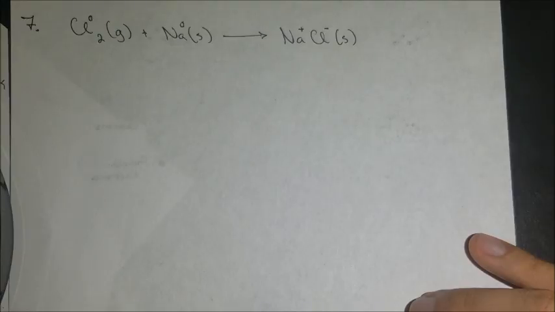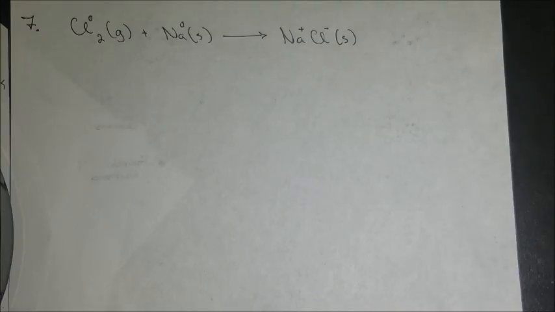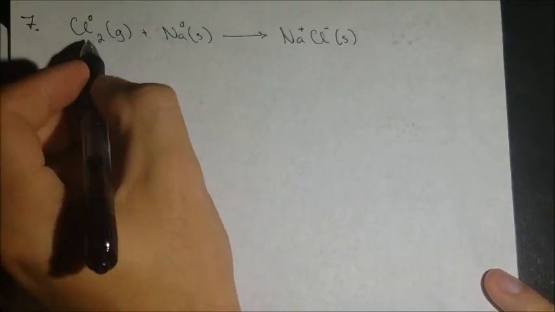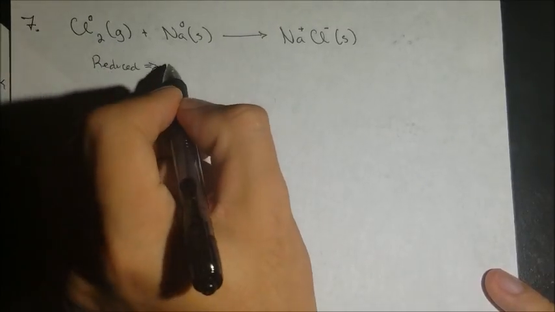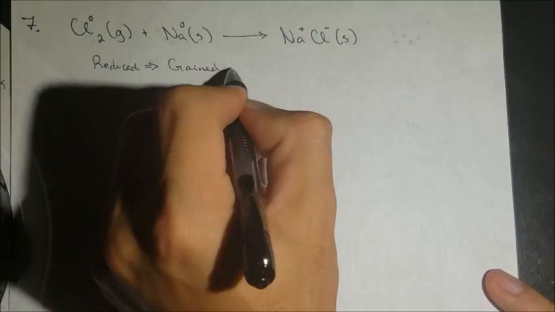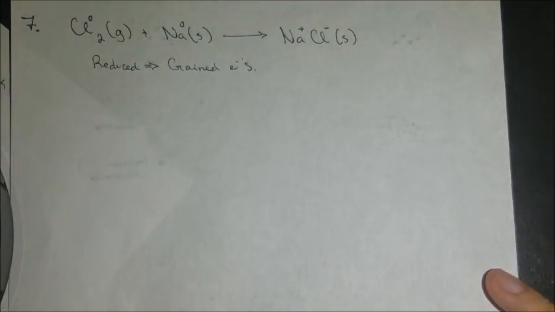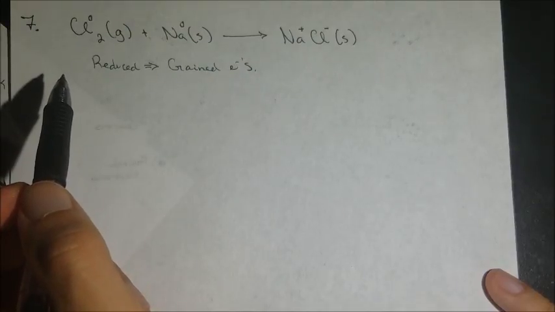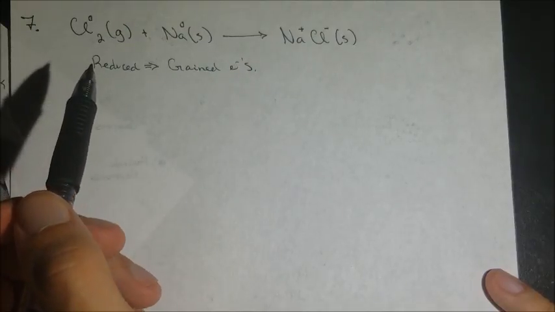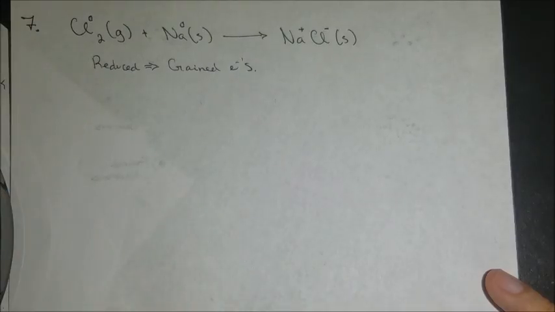And that's how you make sodium chloride. So, which element has been reduced? Well, reduced means gained electrons. By having gained electrons, we have reduced our charge, and it's become more negative because we've added electrons to the atom, and since electrons carry negative charge, the charge on that atom is going to become more negative.